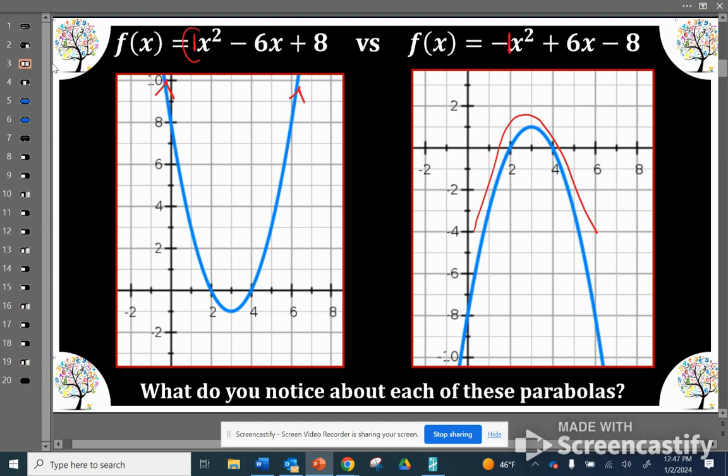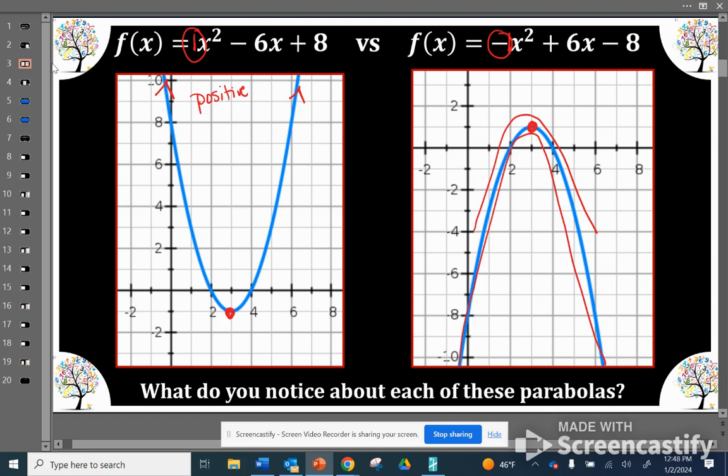So our a value being positive indicates that our parabola turns up, creating a vertex that is the minimum point, which is the lowest point of our graph. When our a value is negative, our parabola turns down and our vertex now is the maximum point.